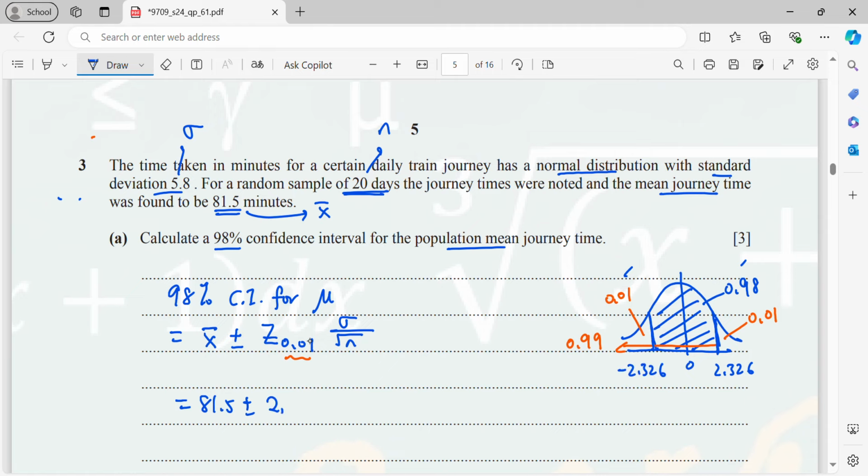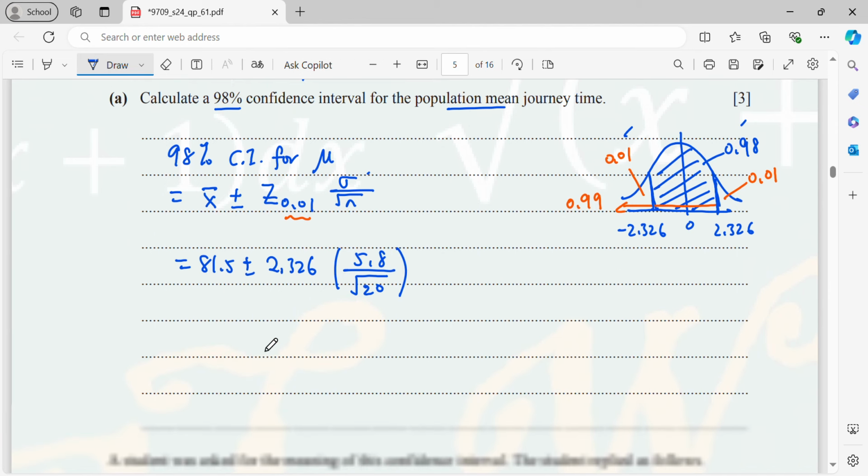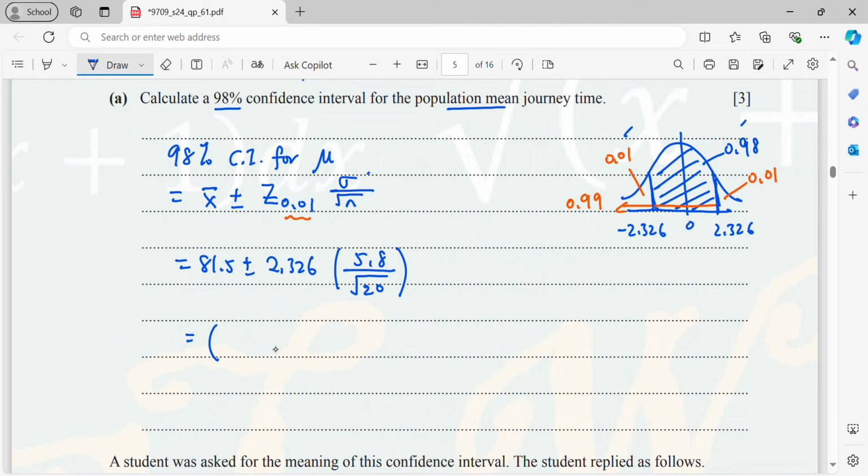So I will replace my z 0.01 by 2.326. And then my sigma is given 5.8 in the question over square root of 20. The n is 20. So now the confidence interval is counted using minus first to get the lower limit. Then you will be getting 78.5. And when you consider the plus for the calculation, that is 84.5. So done for the confidence interval.